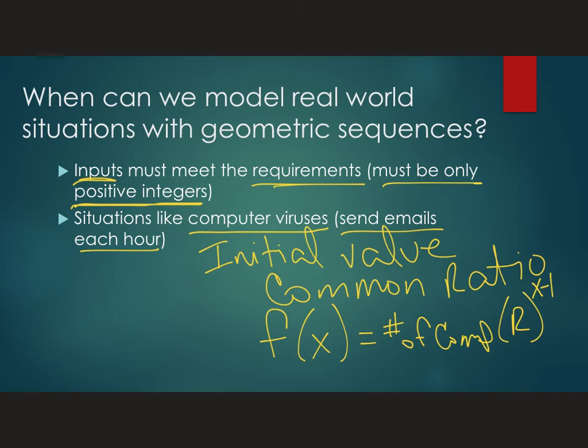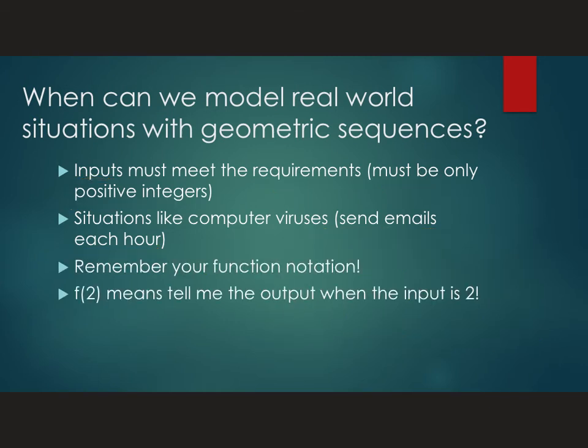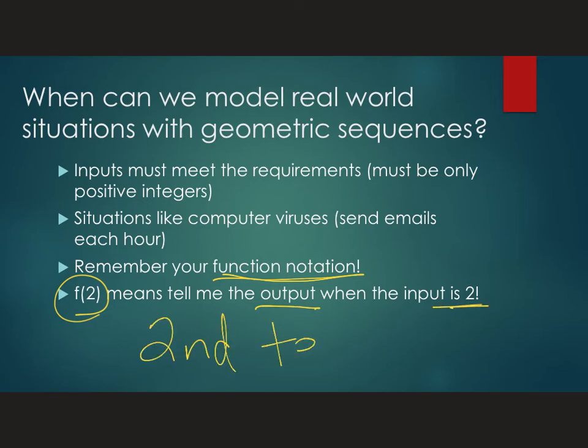Okay? So remember your function notation. F of 2 means tell me the output when the input is 2, or give me the second term in the sequence.